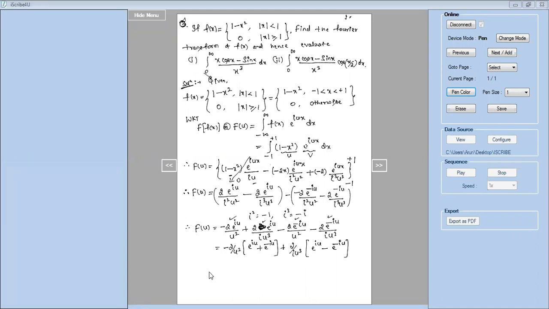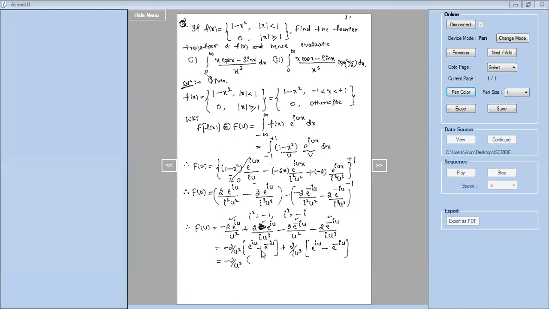Now further, this is equal to minus 2 by u square into, see, this looks like e power I theta plus e power minus I theta. So we know that e power I theta plus e power minus I theta can be written as 2 cos theta. This formula I gave in the first class only.